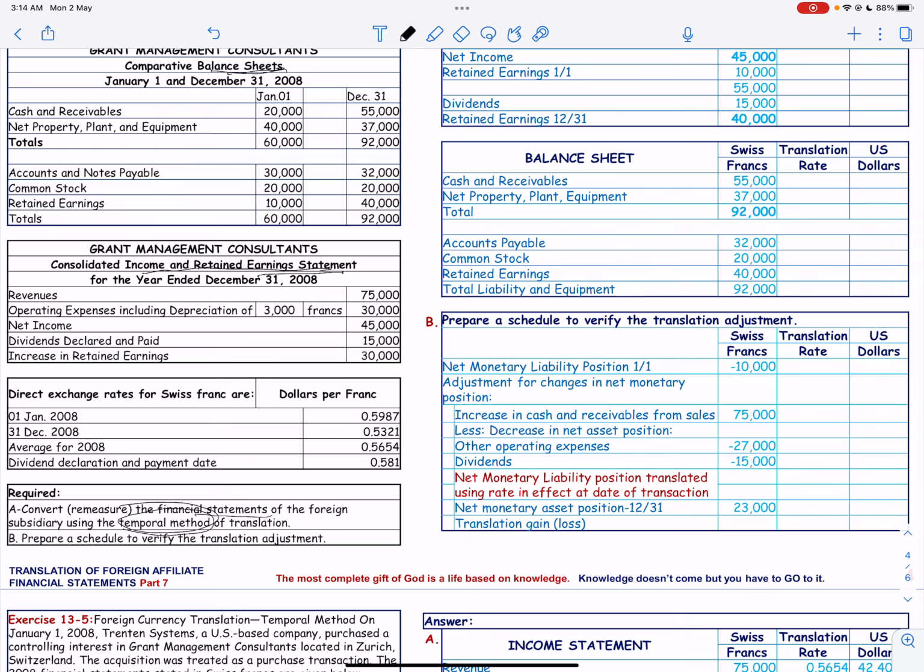So we have the rate of 0.5321, and for accounts payable also 0.5321, and when we multiply we have 29,266 and we have 17,027.